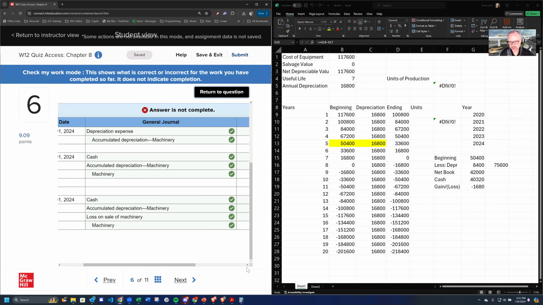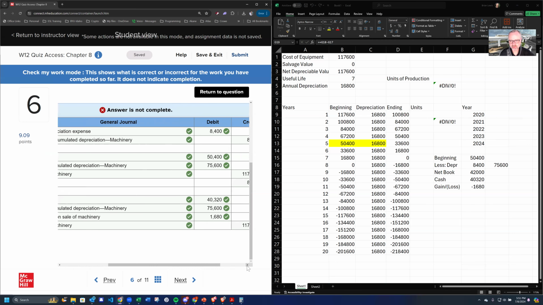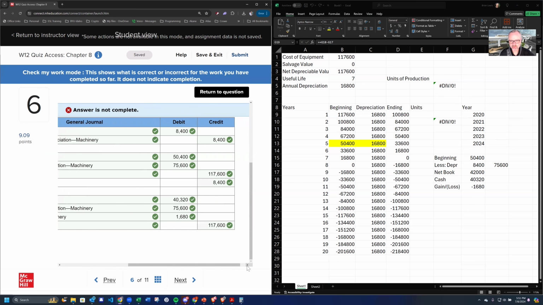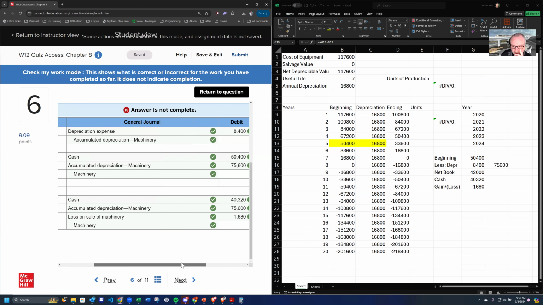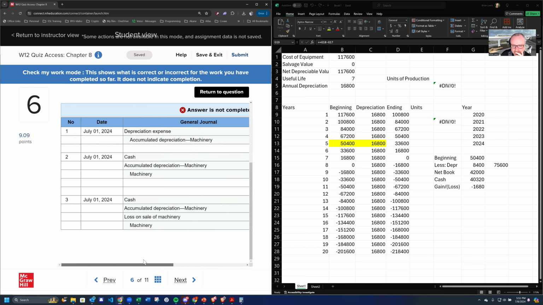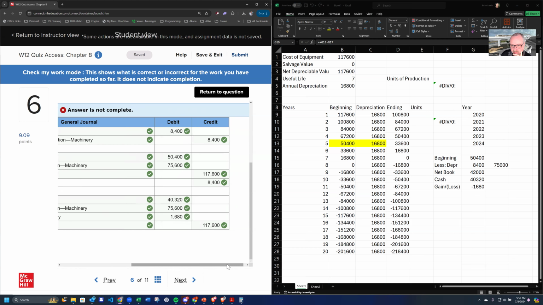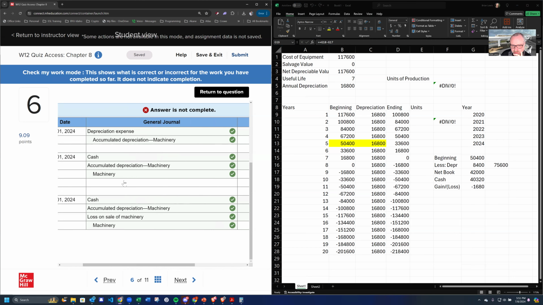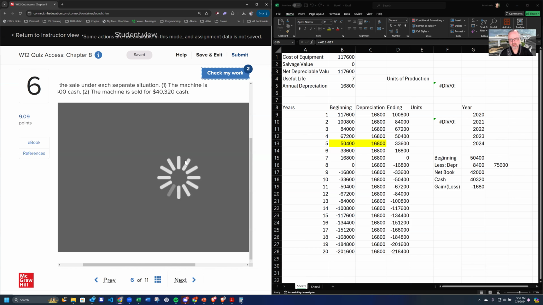Now let's see if we got it all right. Oh, answer is not complete. I got one or two of the numbers wrong. What did I miss? Oh, this is curious. Oh, I missed something right here. I didn't put in the gain or loss. Return the question.